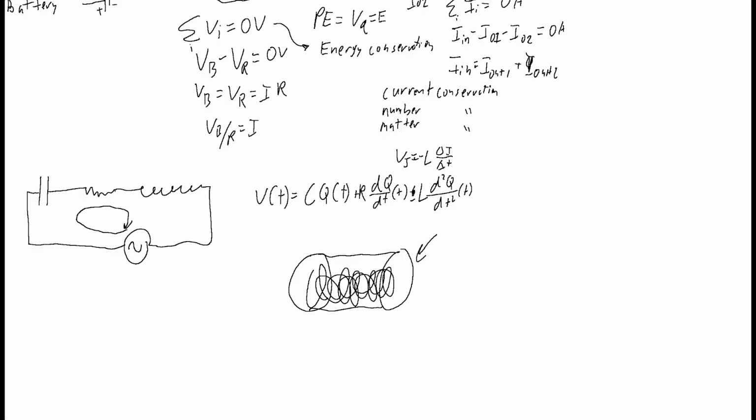Power comes in, and because of the windings in here, the inductor is going to have a very large L. And so what we find is that that huge L is going to produce a certain filter.